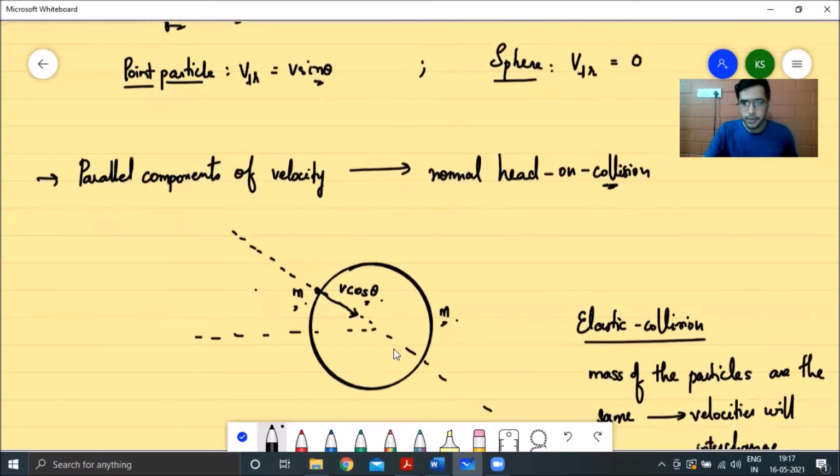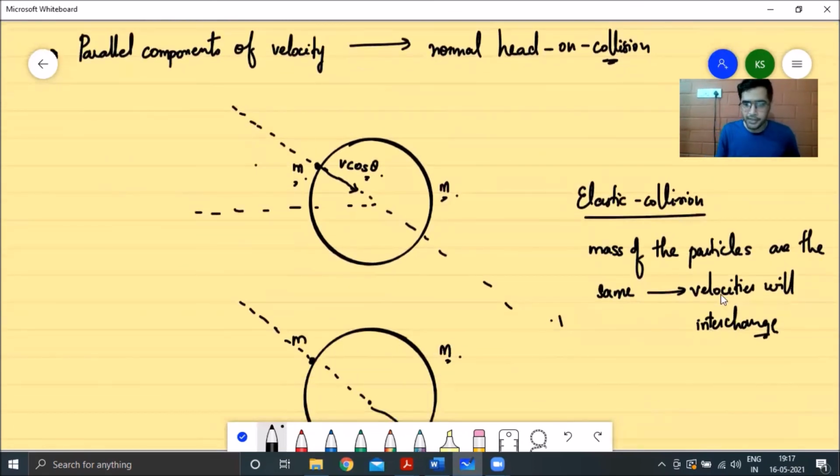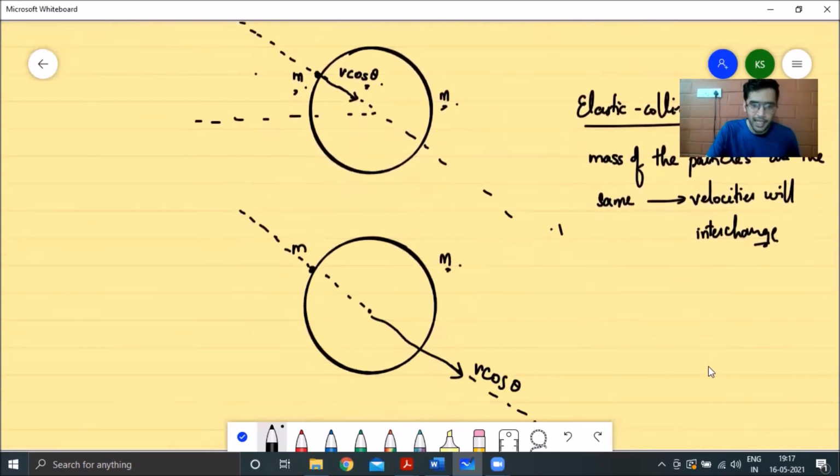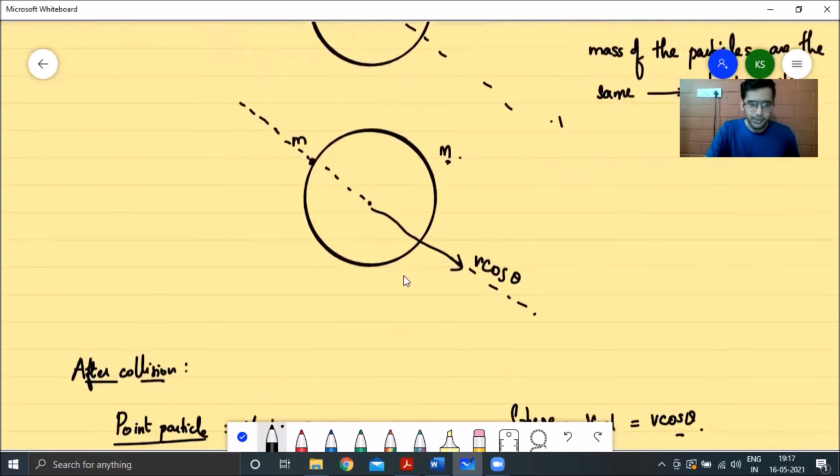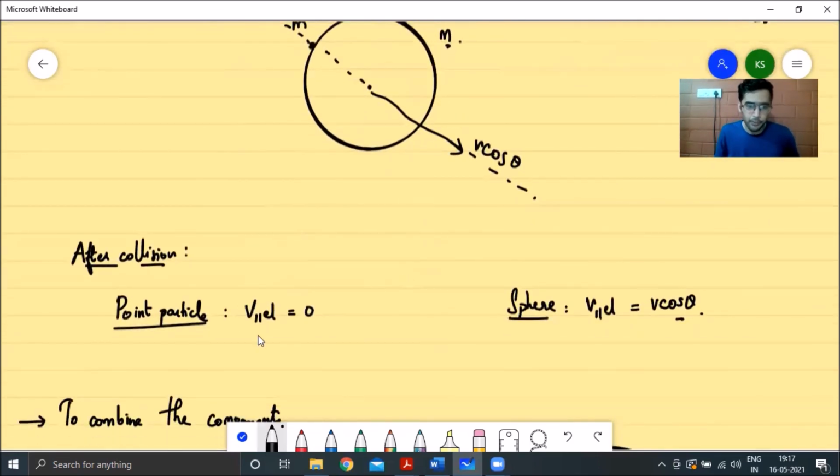And we know that in a normal head-on collision problem, when the masses of the particles are the same, the velocities will interchange. So what will be the velocity of these particles after collision? The particle had v cos theta, the sphere had 0. So after collision, the particle will have 0 and the sphere will have v cos theta. So your parallel component velocity for the point particle is 0, and for the sphere it is v cos theta.